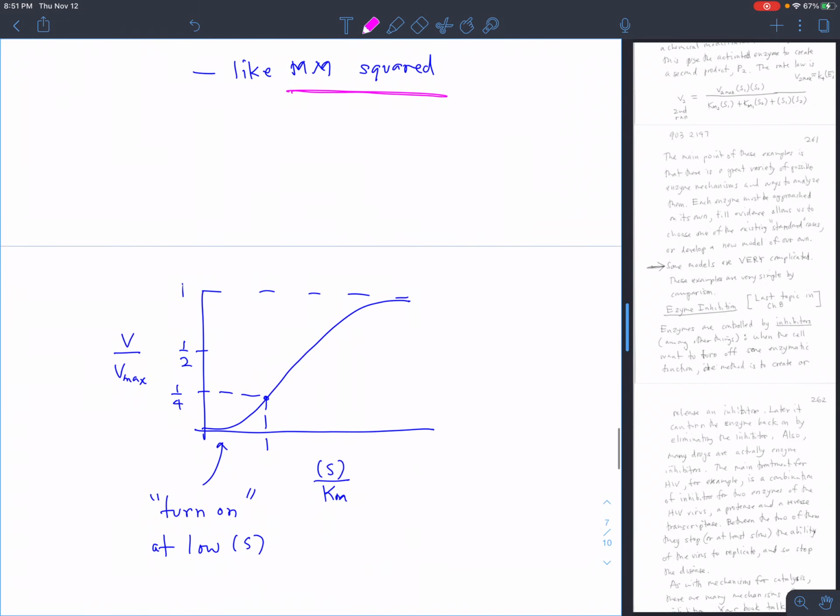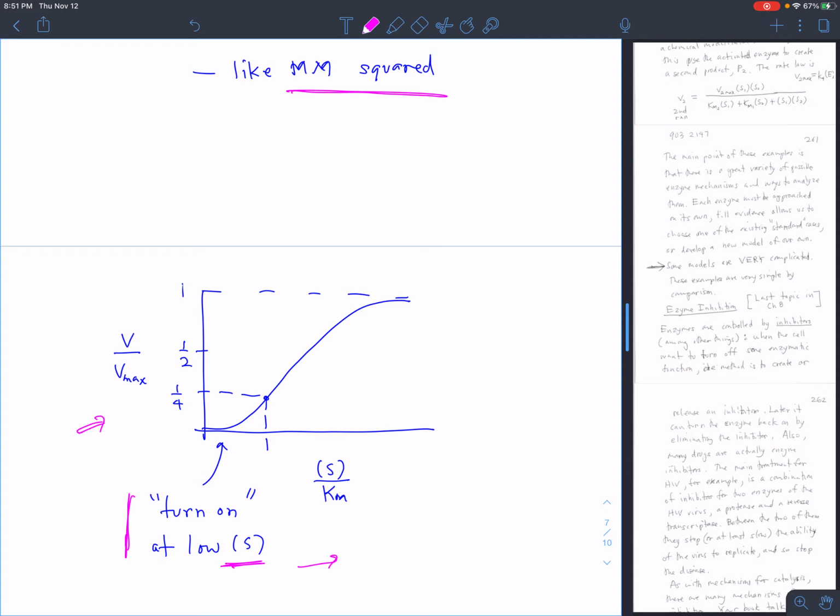And in that case, the velocity versus substrate concentration curve would look something like Michaelis-Menten, except that at low concentrations of the substrate, there's a bit of a turn on. You have to go to somewhat higher values of the substrate concentration before you start getting appreciable velocity.